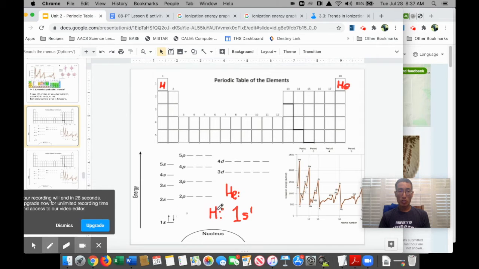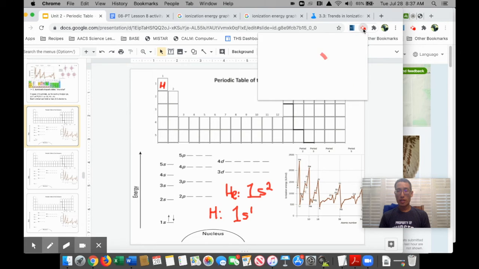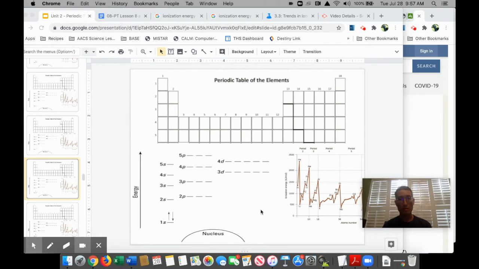It's because it's got 2 electrons in this, we're going to call it 1s, and I put a 2 up here. Say 1s2, not squared. It's a 2 because it's got 2 electrons in this. So that's the configuration for that.